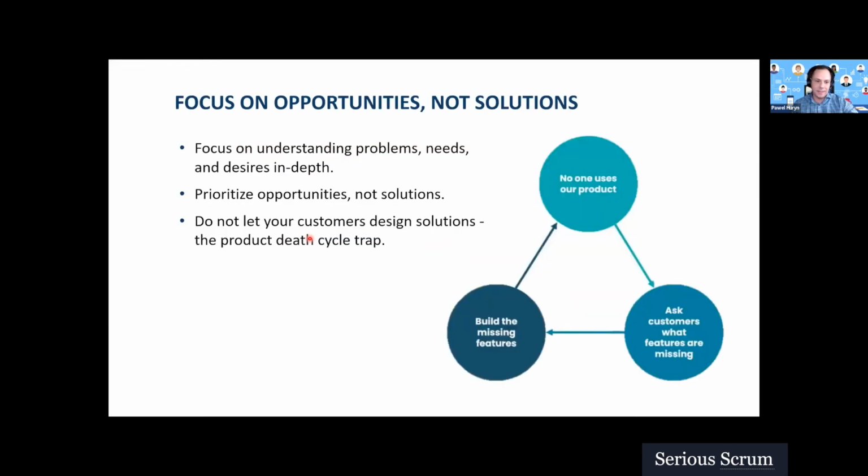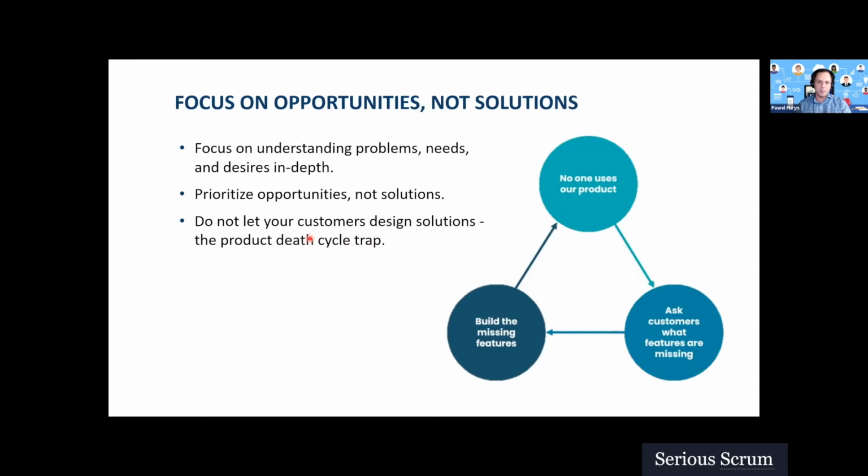So the last thing regarding the opportunity solution tree is that we do not want to prioritize solutions, like which solution is more important, displaying recommendations or displaying the search box. It doesn't make sense. What we should prioritize and what we should focus on is prioritizing problems.